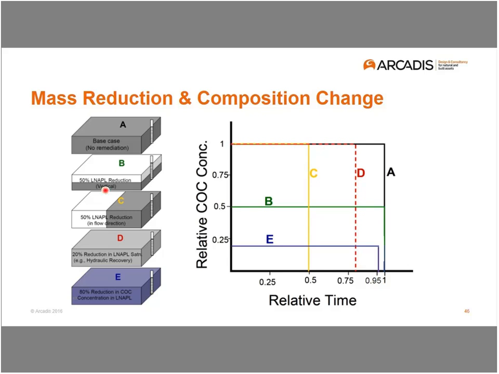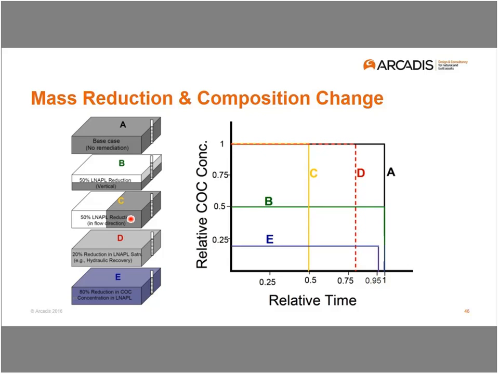So if I reduce the LNAPL mass by 50% vertically, so I'm going to cut out the top half of that LNAPL body that's submerged below the water table, but had to leave some of it because it was too deep. Then I look at a monitoring well here that's screened over that entire LNAPL body. And case B here, because I've got mixing and dilution happening, I'm going to reduce that groundwater concentration by half, but I'm not going to change the overall time of depletion.